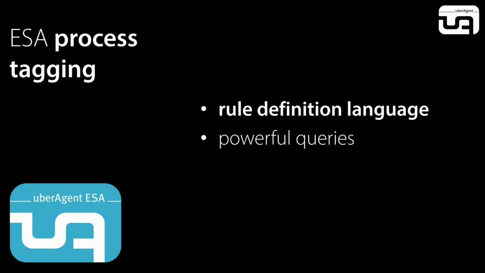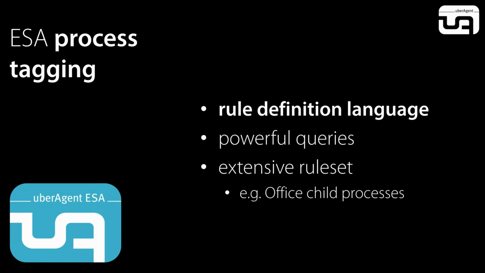And those rules have queries, and you can write queries on your own. We provide a quite extensive rule set that comes with the product. For example, one of the many rules that ESA ships with is that it tries to, it doesn't try, it succeeds in identifying child processes started by one of the many Office applications.